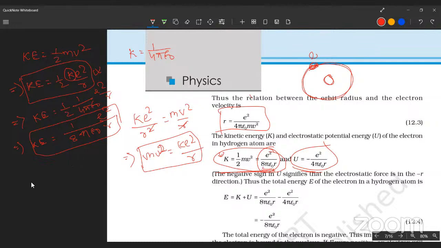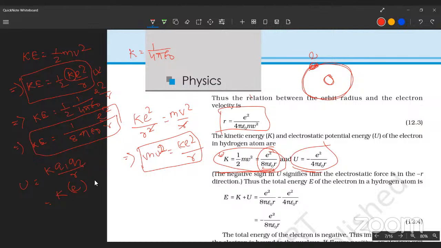So what is potential energy? Potential energy, as we just discussed, is K Q1 Q2 by R. So in this case, what is K? Q1 is the charge of the electron, and Q2 is the positive charge.